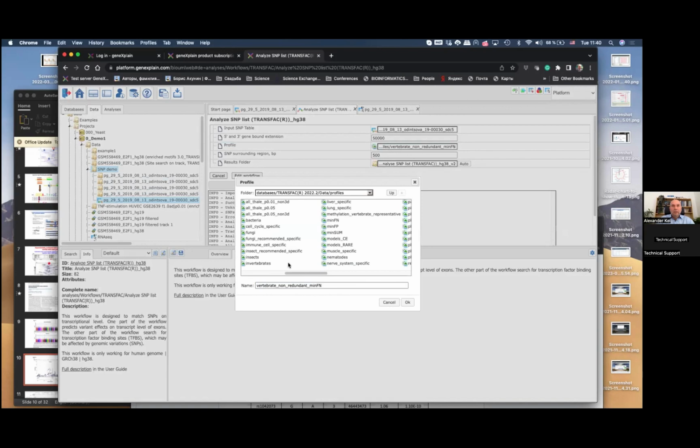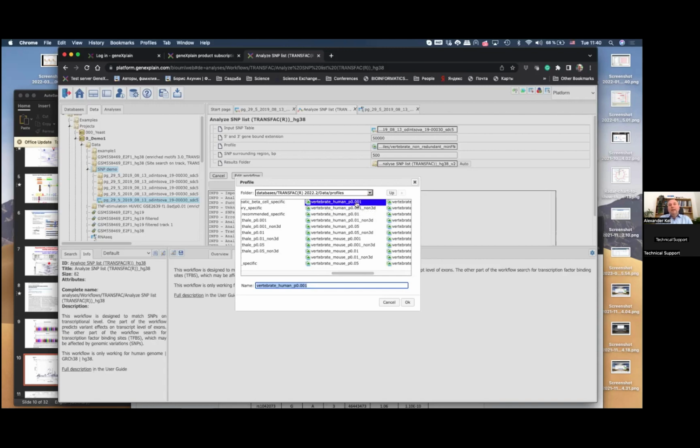you can go to vertebrates, vertebrate, human, P001, which means these are all positional weight matrices which are for vertebrates, so which means all species which belong to that big group of species, and then the cutoffs for those matrices are adjusted in such a way that it guarantees that each matrix gives approximately one hit to 1,000 nucleotides in the human genome.